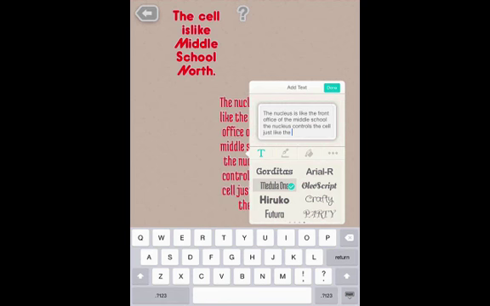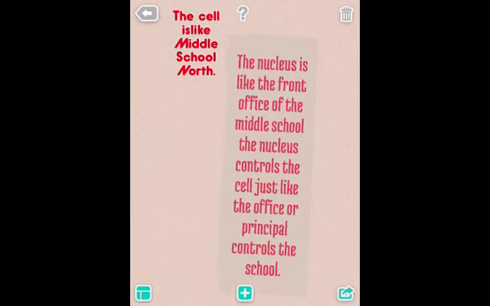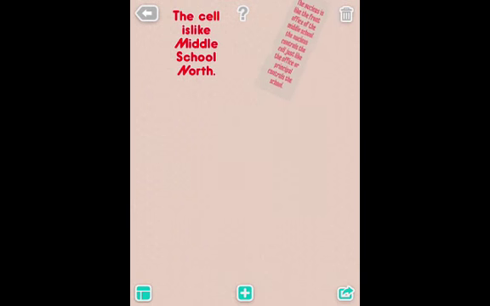Just like the principal controls the school. Okay, and you're done. And now you can move that up here. You can make it small, large, I don't care. I'll be able to read that, so it doesn't need to be super big.